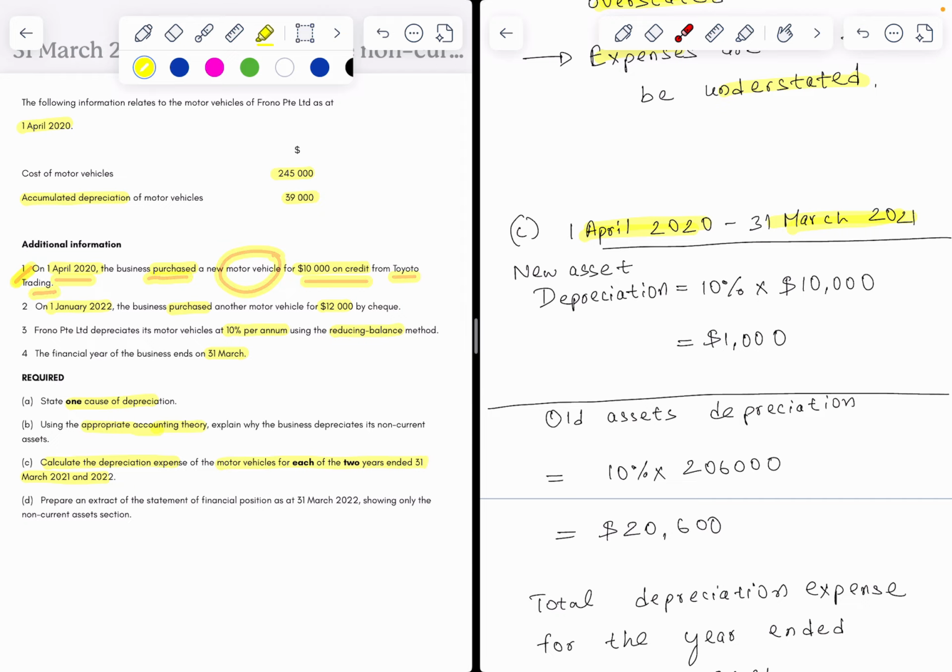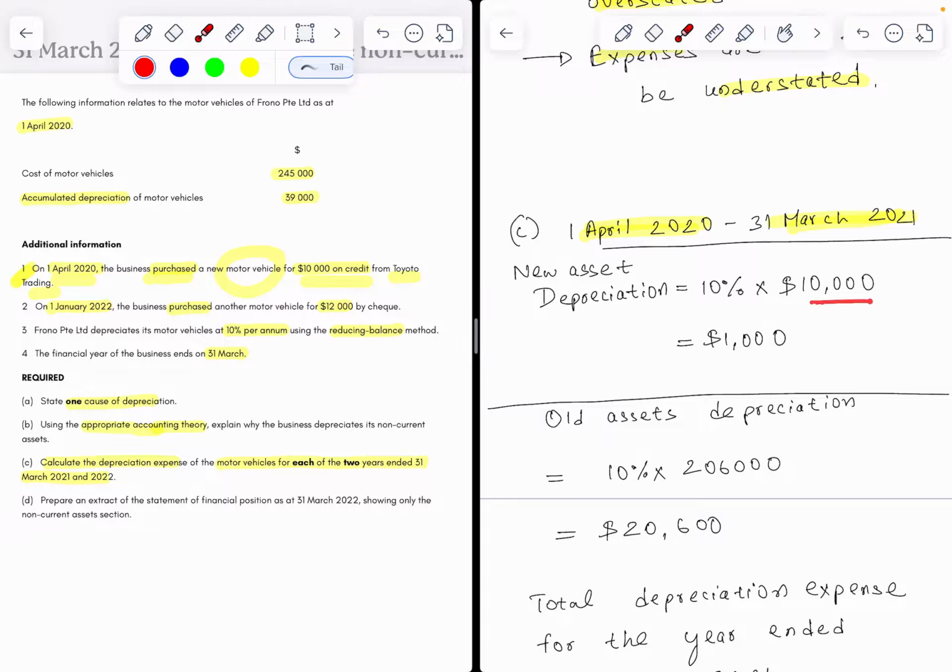So we understand that on the 1st of April, the business purchased a new asset, all right? And this new asset is in addition to what is already given to us here initially at the beginning of the period, okay? So we understand the new asset was bought for $10,000, which is the original cost, and now we want to depreciate this new asset.